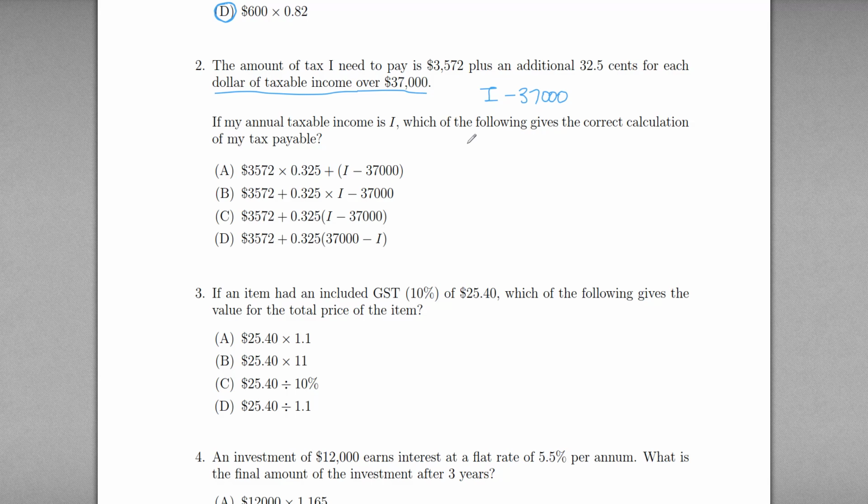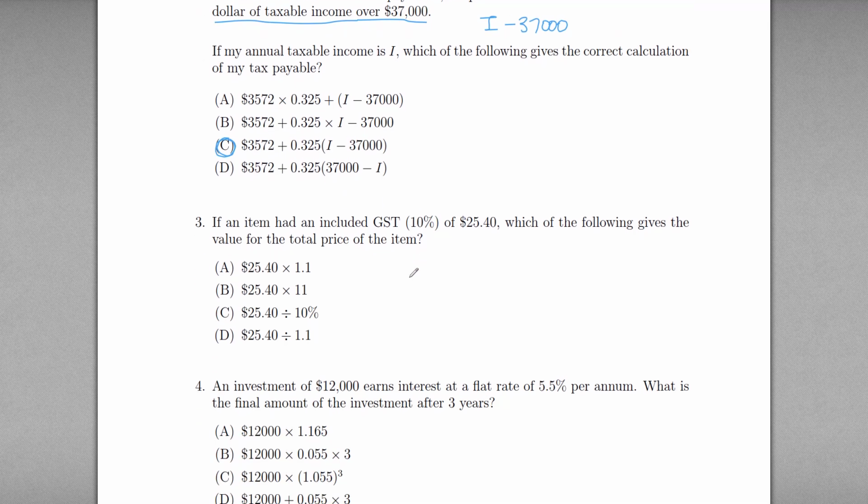If I'm earning 45,000, then this would be 8,000, and so on. Okay, so that's why it'd be C. It's 3572 plus 0.325 multiplied by how much over 37,000 I am. Okay, problem with D is that this one is treating my income as lower than 37,000, which means that this formula wouldn't apply.